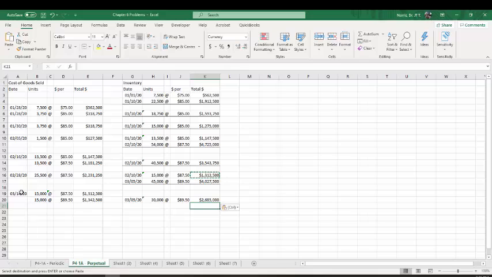Then we buy on March the 25th 7,500. That cost us $90 each.